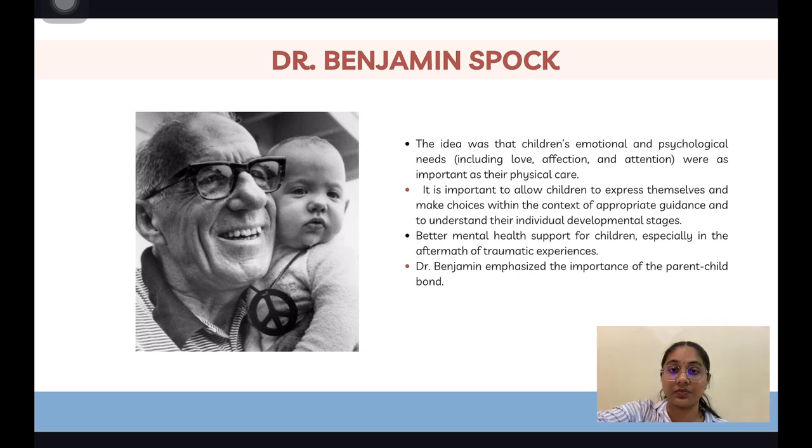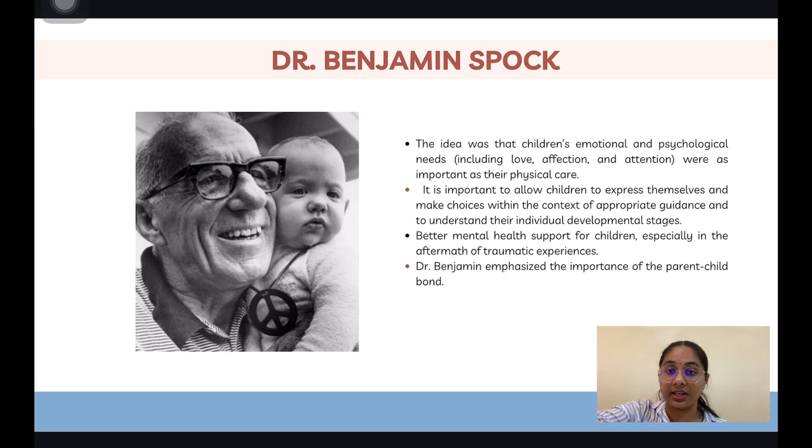Other than that, he also emphasized better mental health support for children, especially in the aftermath of traumatic experiences. And also holistic pediatric care that considered not only the physical health of children, but also their emotional and psychological needs. He also emphasized on parent-child bonding.